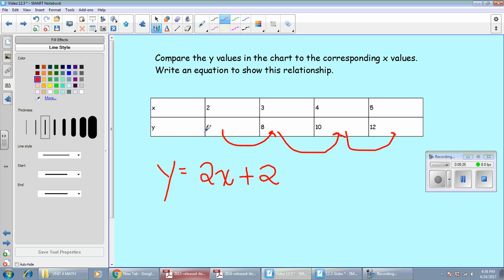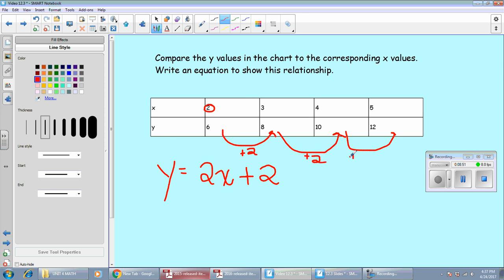But look at our y values of 6, and then 8, and then 10, and then 12. I'm noticing that my answers are going up by 2's. So maybe that pattern in itself will help me figure out what I'm doing to the x's. So I looked at the number 2 and multiplied it by 2, that same number that the y values were going up by.